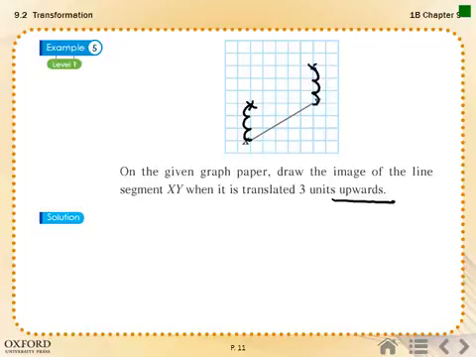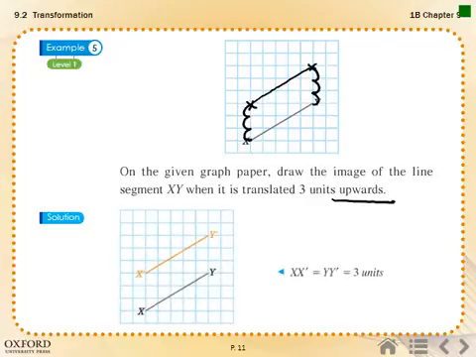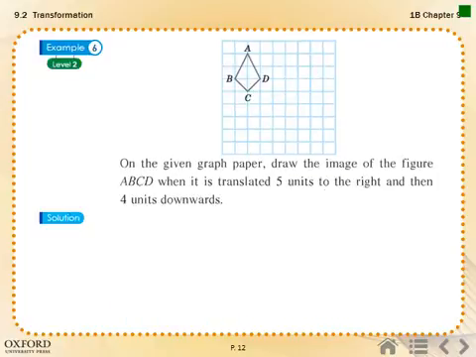And the new point is here. And then we have to join these 2 points together. Okay, and so the answer should be this one. And remember that the new point is image, and so we use X' and Y' to represent the image of X and Y respectively.